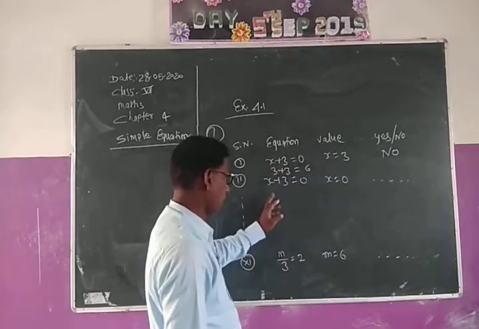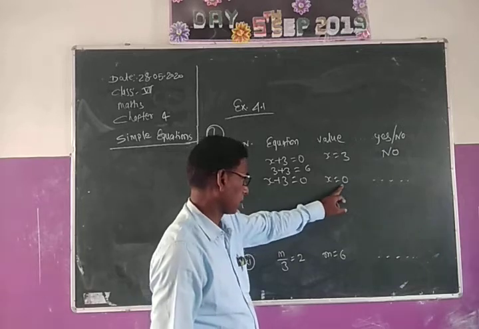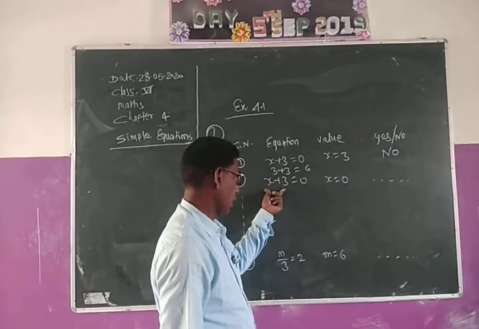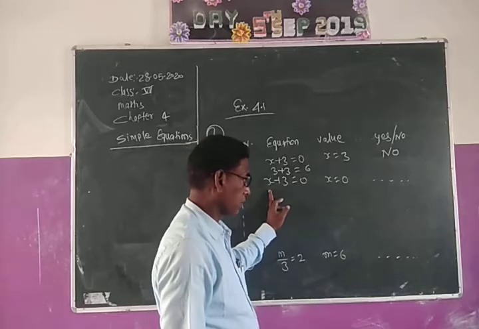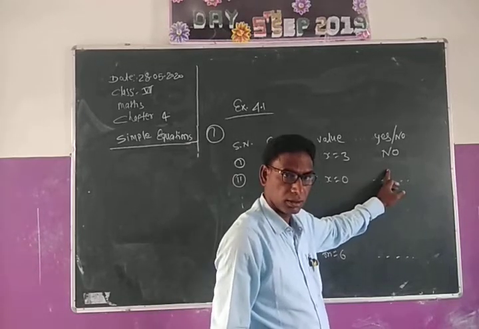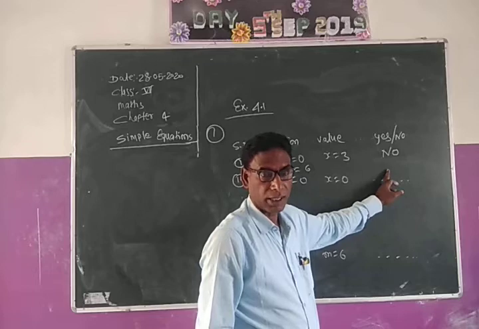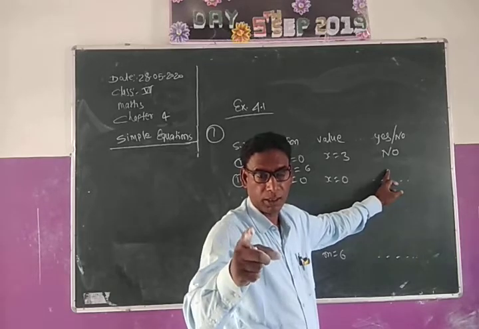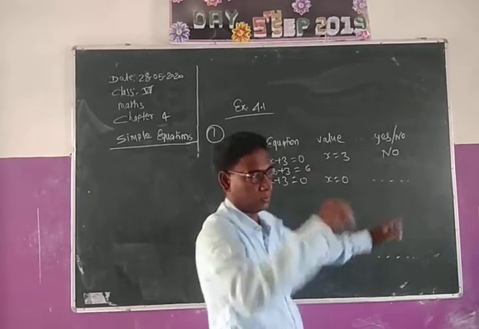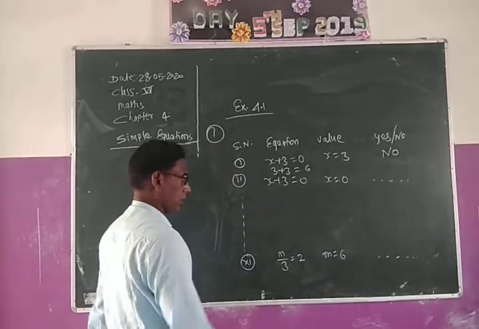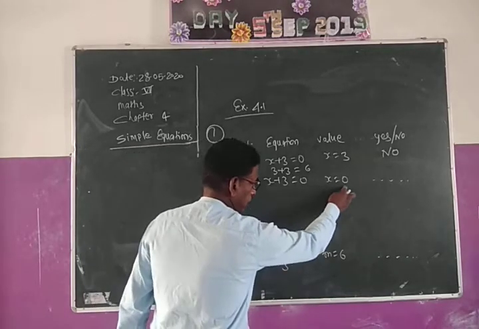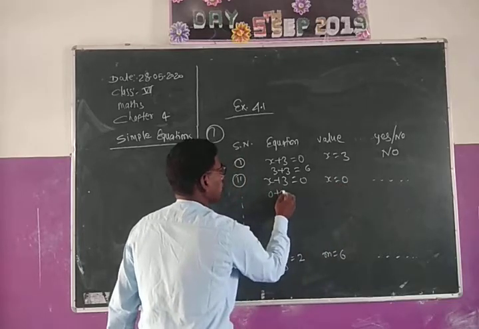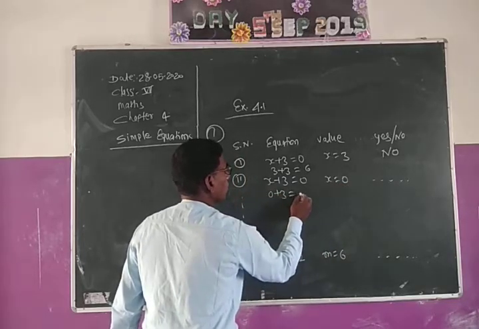Similarly, you put the value of x in the equation, and if the RHS is equal to LHS, then you say yes. And when RHS and LHS are not equal, then you say no. You solve this. x plus 3, value of x is equal to 0. 0 plus 3 is equal to 3.